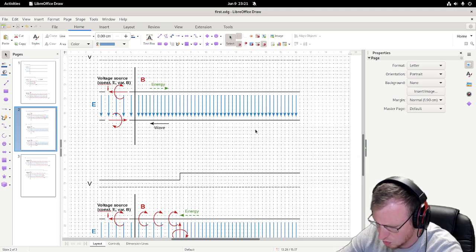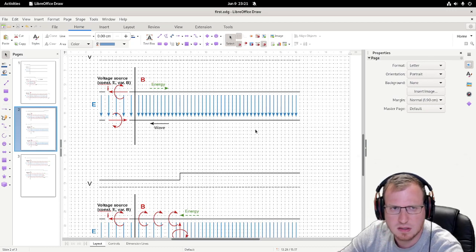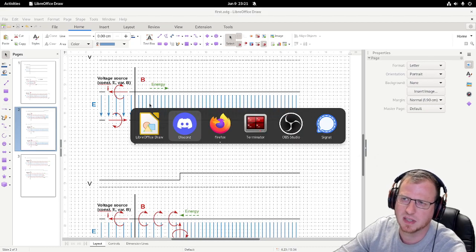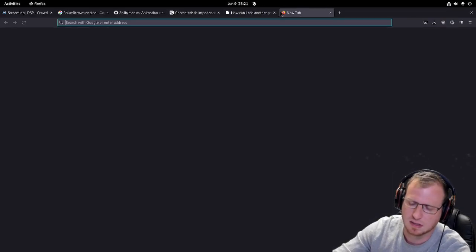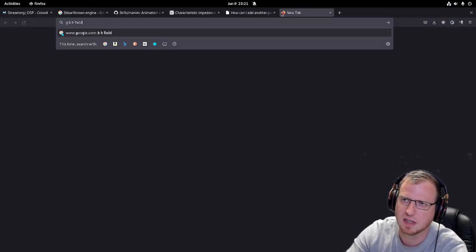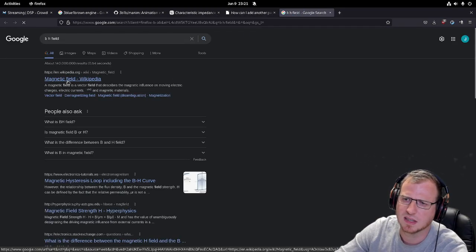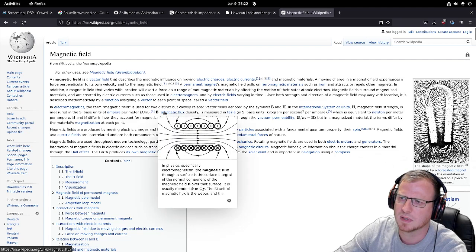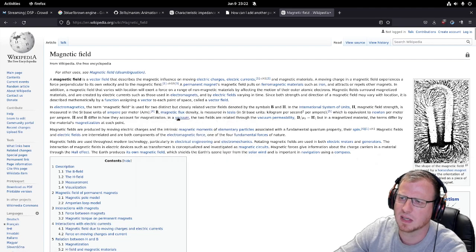Oh, I said this is the B field, but I think it's the H field. The BH field. Magnetic field. So must be a magnetic flux in how they account for magnetization.